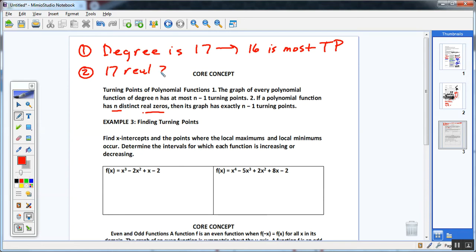So 17 real zeros must mean n minus 1 turning points. If it did have 17 real zeros, then it would have how many turning points? Well, what's 1 less than 17? 16 turning points. So let's get into this idea.